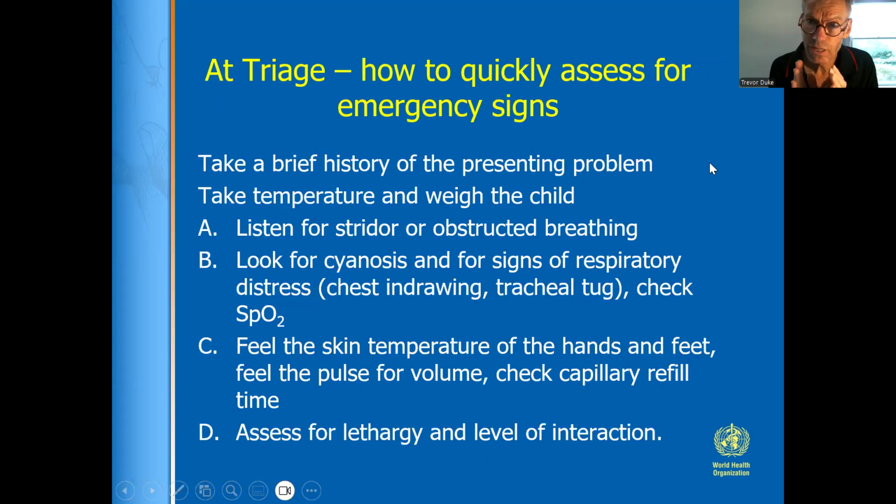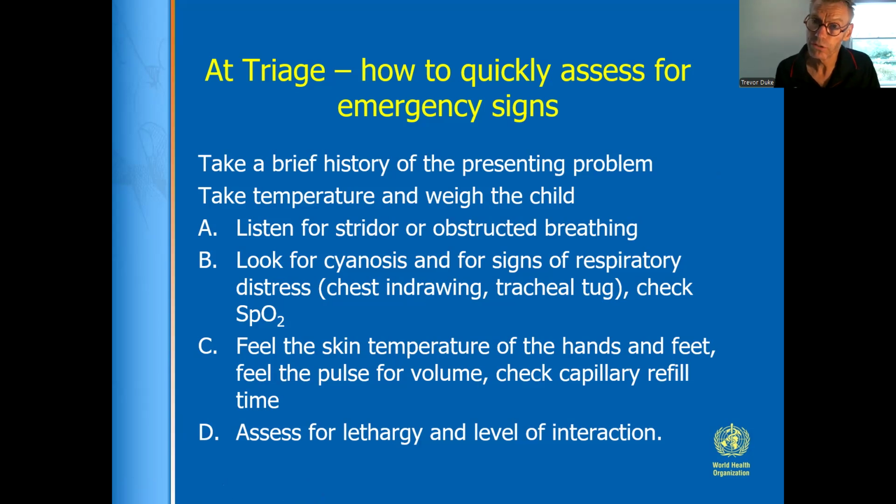So at triage, it's quite easy to learn how to do triage well. And within a minute or two, you can identify a critically ill child. How to quickly assess for emergency signs, where you take a brief history of the presenting problem. It's very important to have some understanding of the presenting problem.